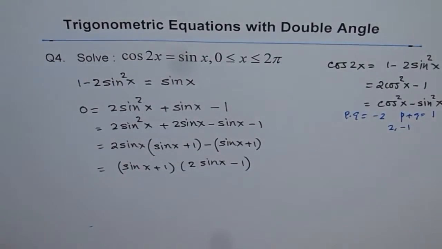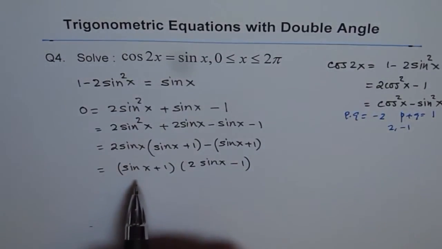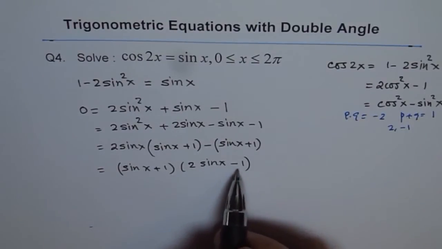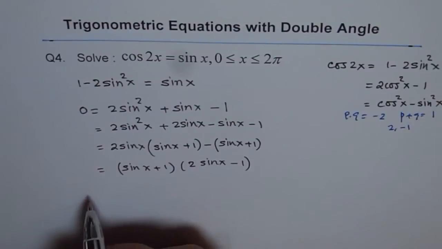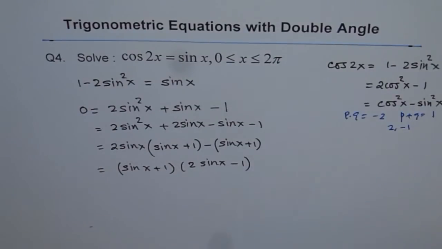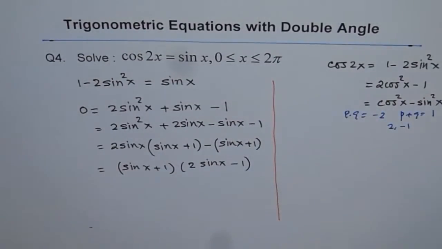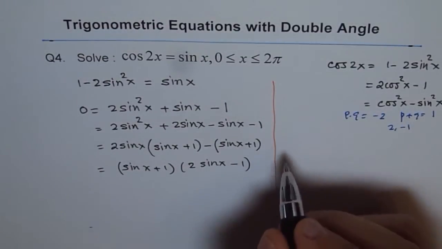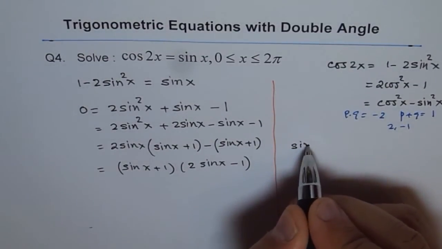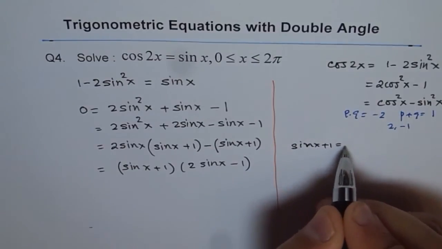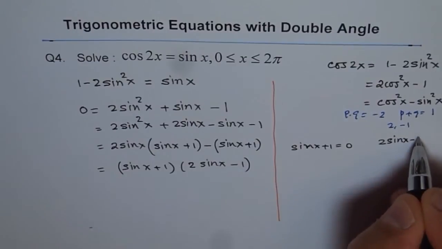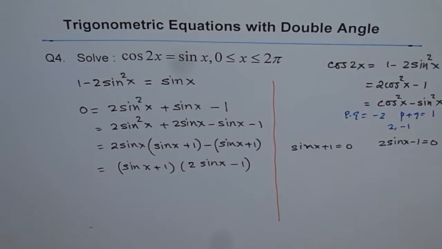Now for this to be 0, we are looking for sin x plus 1 equals 0 or 2 sin x minus 1 equals 0. So we are looking for two kinds of solutions here. One for sin x plus 1 equals 0, and the other 2 sin x minus 1 equals 0, correct?